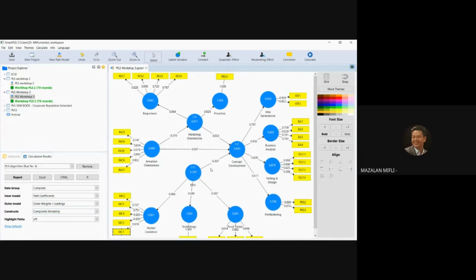We are still in the first step, which is to ensure that your measurement models meet the minimum threshold values before you can actually regress your structural models. Let's look at what we need to ensure we meet. Now AVE, let's look at the AVE. This one, no worry.